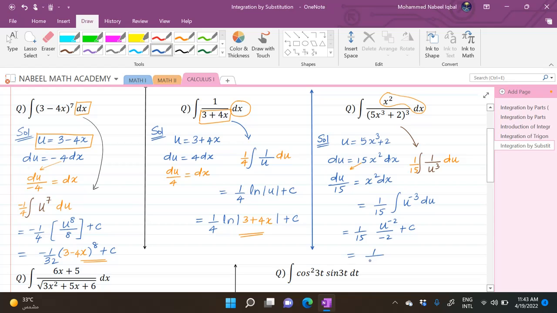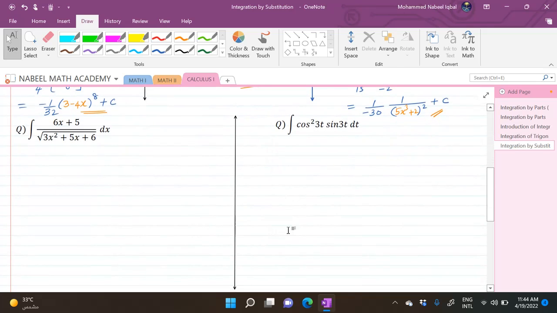I have to change it in terms of x. If you multiply, you will get minus 30. I will bring it down, therefore it becomes u square, and I substitute the u value. What is the u value? u is nothing but 5x power 3 plus 2. So this is the final answer.